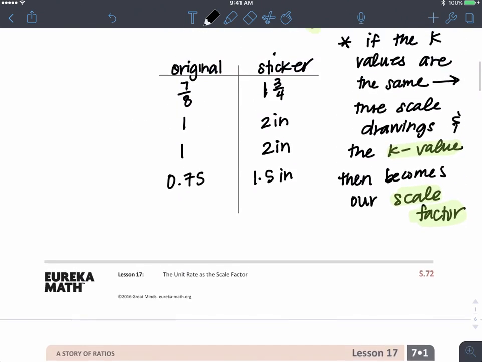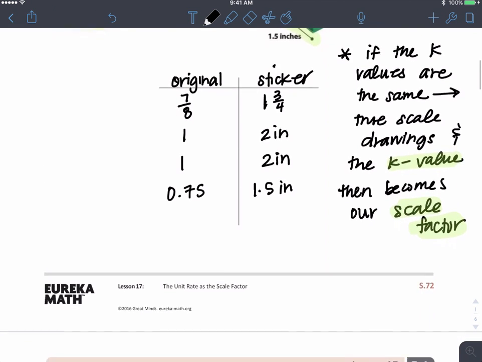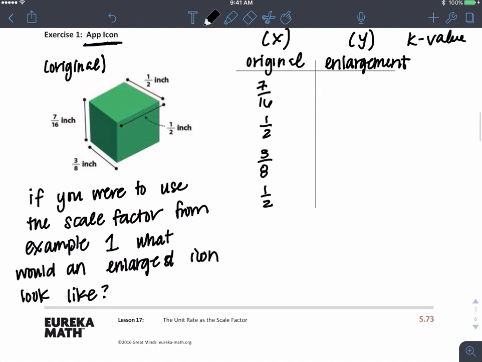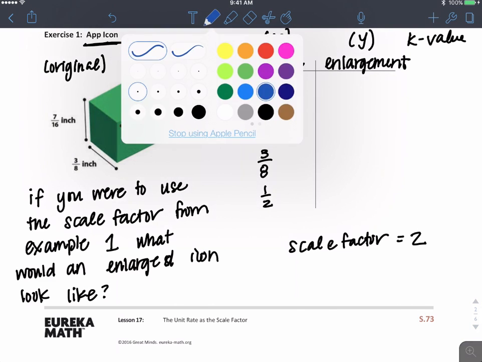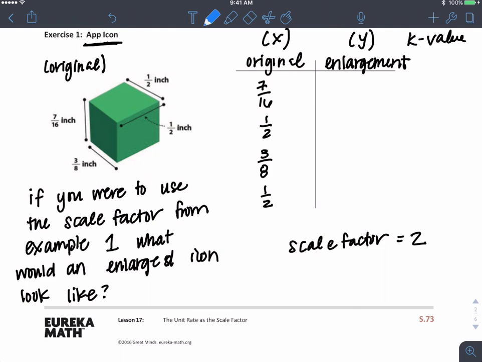You should have seen from up above that your scale factor is equal to 2. Again, k value is equal to 2, scale factor is equal to 2. So that means we want to multiply.